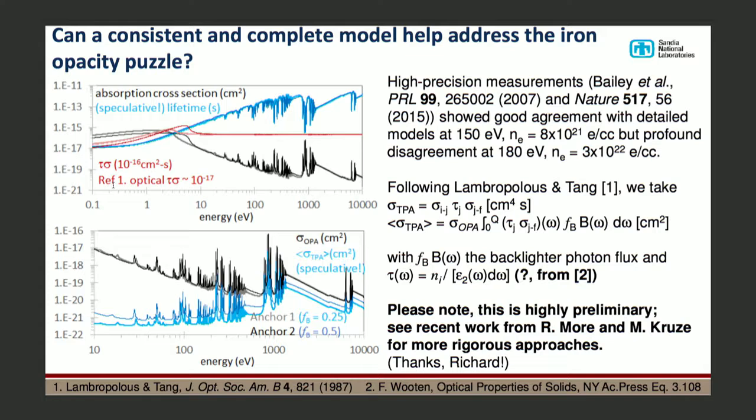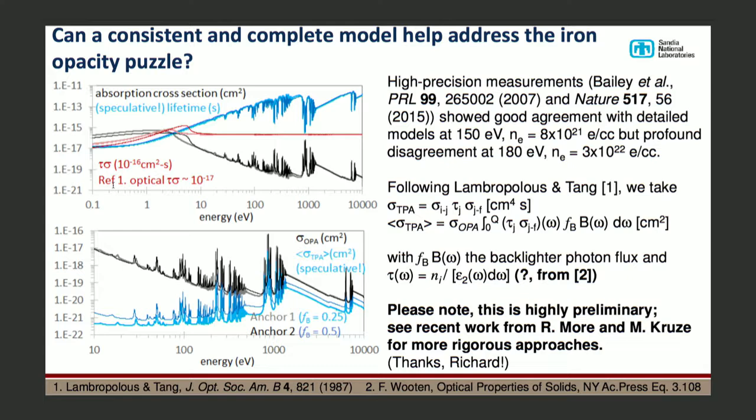So just taking this product and integrating over the black body of the backlighter, you can get one-photon opacity in black for the two conditions that Jim did his experiments, one of which agreed with standard models and one of which didn't. And then the two-photon opacity integrated over the black body, that is very speculative, at the two conditions.